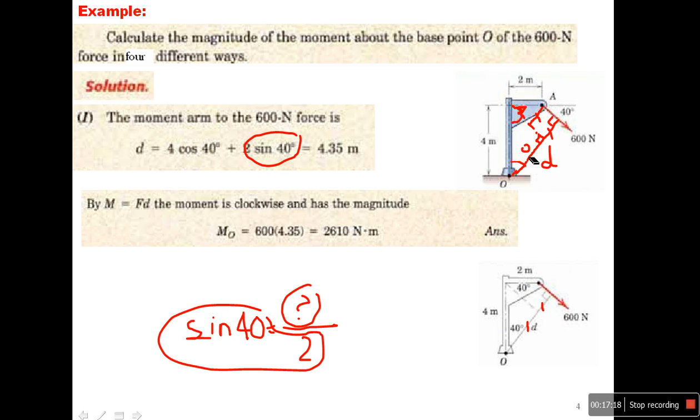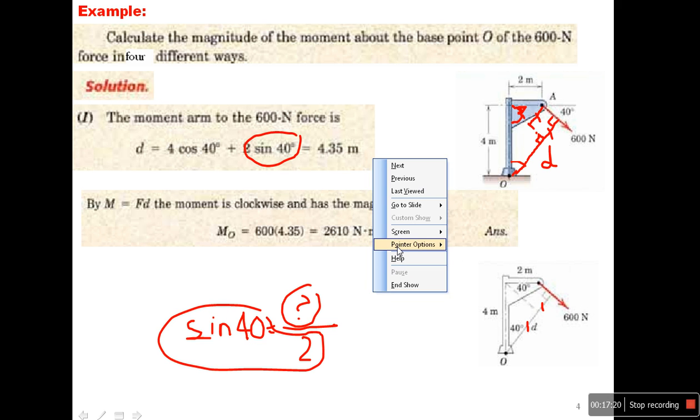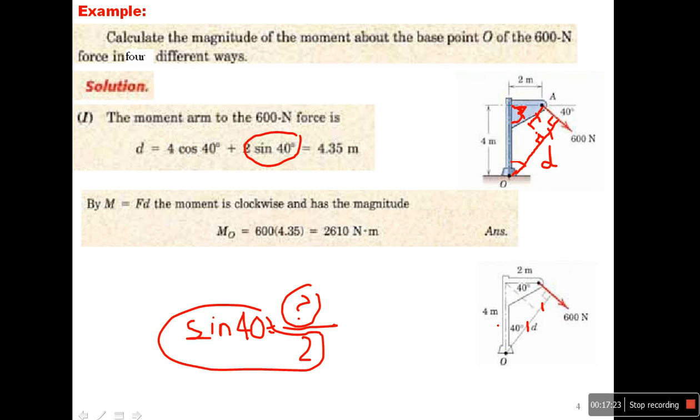Now you can see here again I have this angle equal to 40, I have a right angle triangle, and by cosine I can find this part. So cosine 40 is equal to this line multiplied by that.